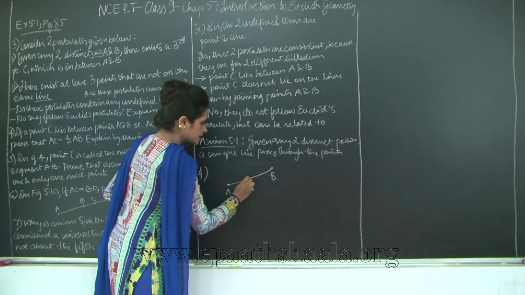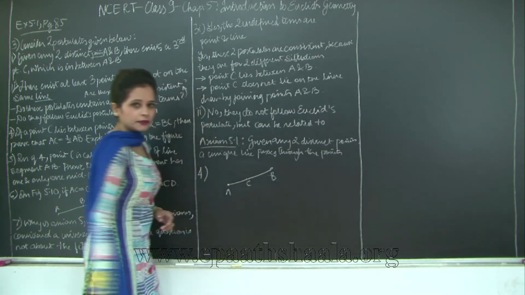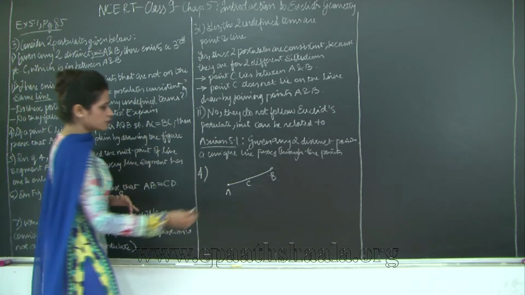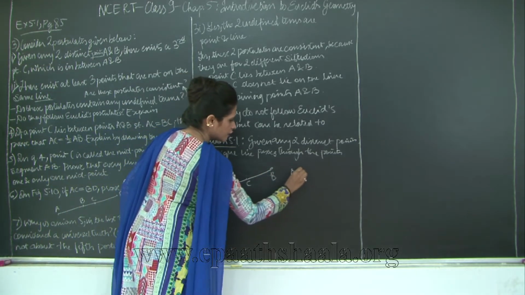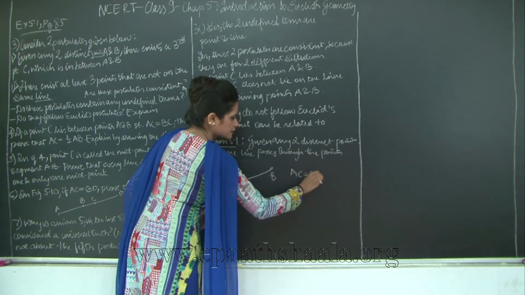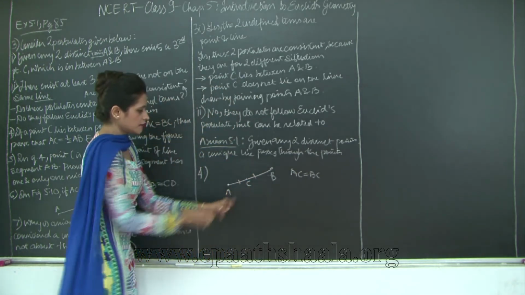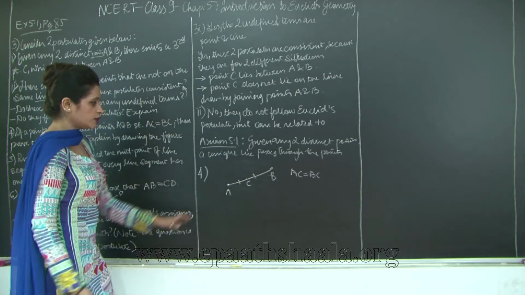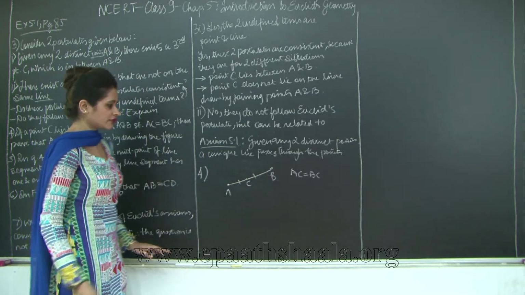Now there lies a point C in between A and B such that AC is equal to BC. So AC here is equal to BC. So I'm just marking dash for AC and CB just to show that they both are equal. We have to prove that AC is equal to half of AB.